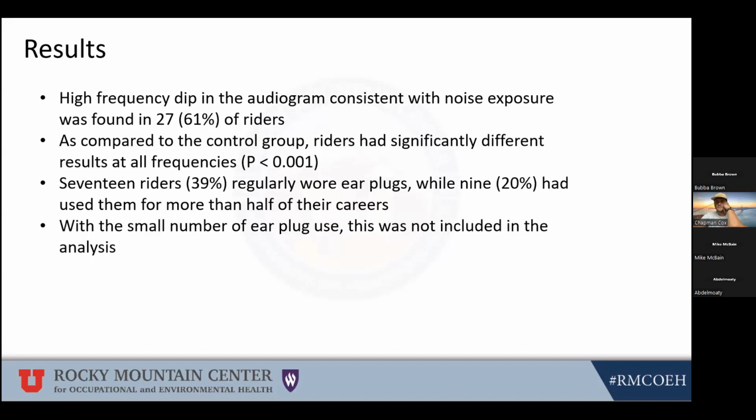And then they found some results that I don't think many of us would be too surprised to hear. There was a high frequency dip. So audiograms are measuring hearing loss in the range that humans typically hear. The higher frequencies are where they saw their dip.